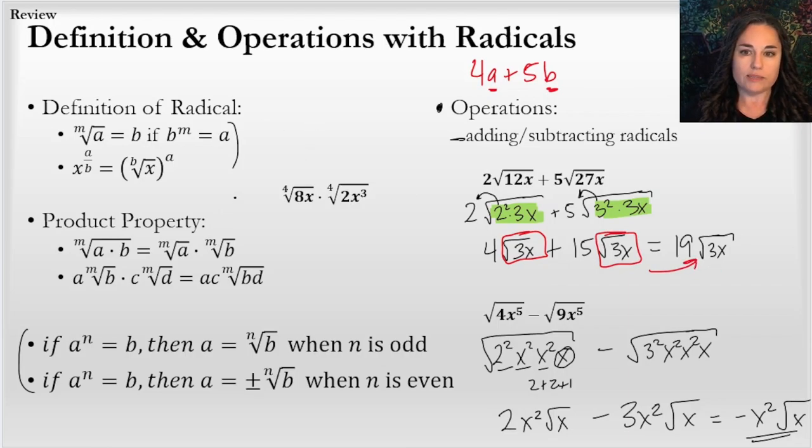Okay, let's do a multiplication example in here with radicals. Both of these are 4th roots. So I'm going to take all of it and put it under one radical, and then simplify from there. 8 is 2 cubed times 2.